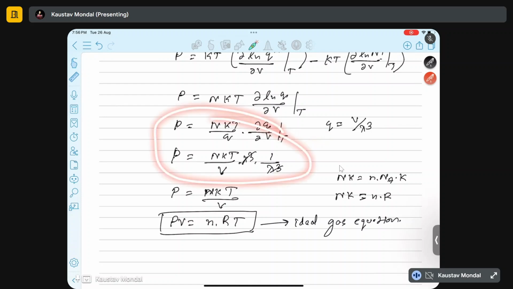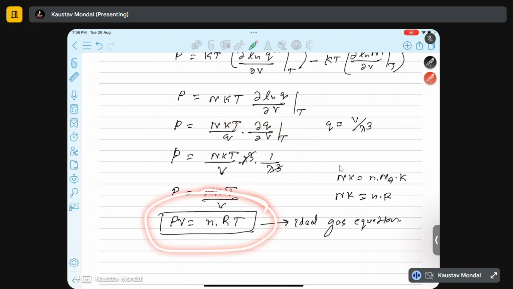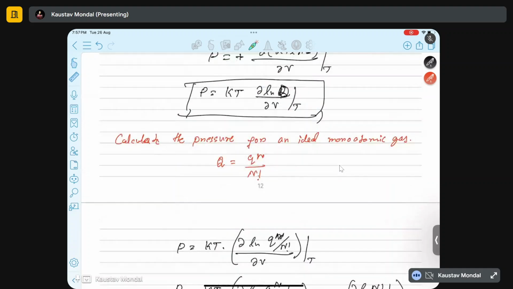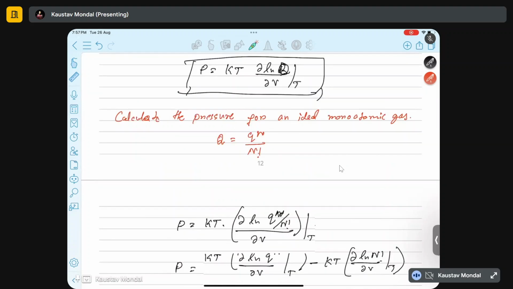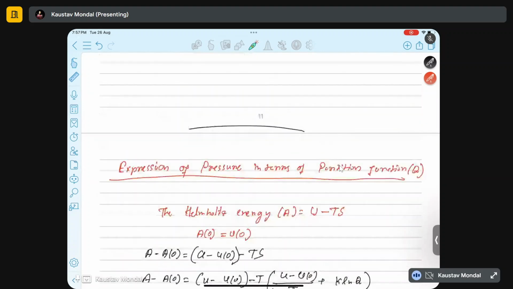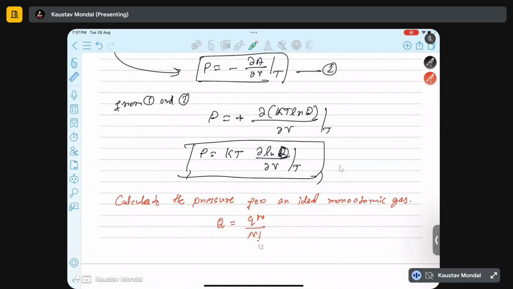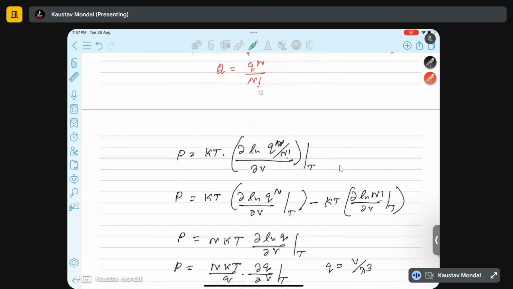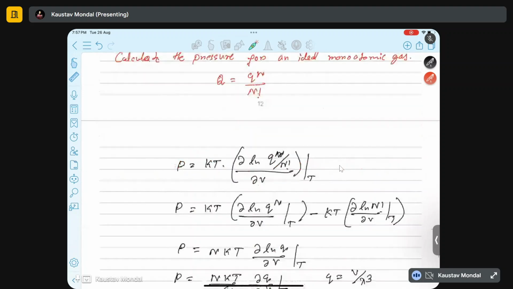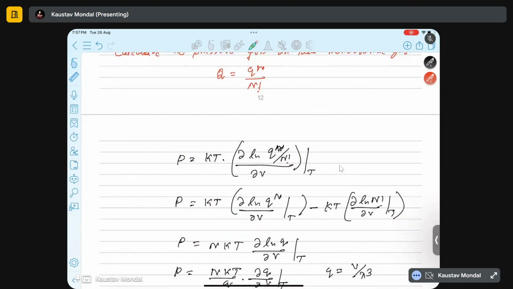We got back the expression of pressure coming from the ideal gas equation. This is a very general expression of pressure, and you can use it for non-ideal systems also. I am just showing you that it is consistent with thermodynamics.